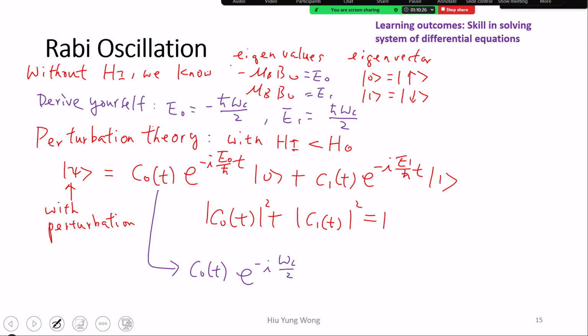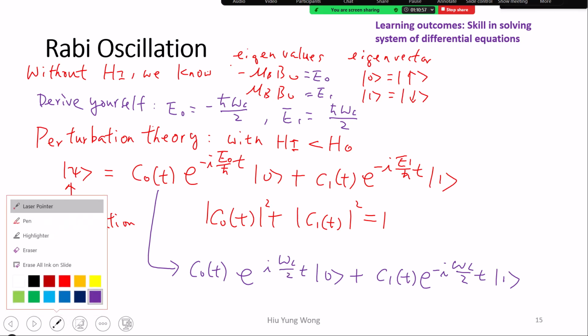Omega L divided by 2 t, state 0, plus C1 of t e to the power negative i. So here it becomes positive, I'm sorry, because it's negative, right? And here is still positive over 2. The reason this becomes positive is because it was negative E0, but E0 is negative h bar omega L divided by 2. So this becomes positive.